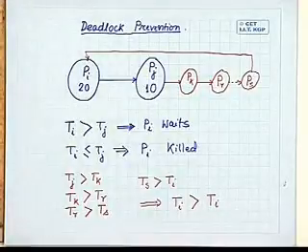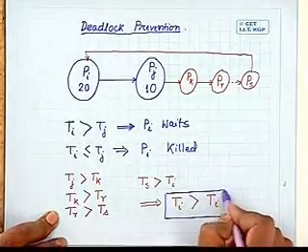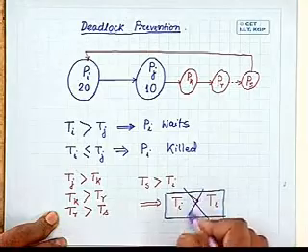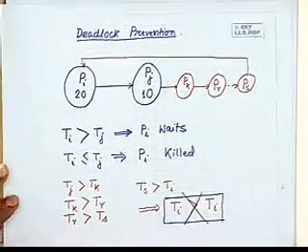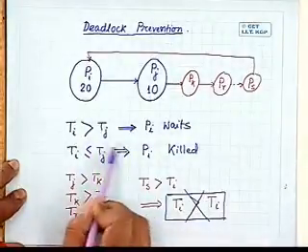A condition which is never possible. So I cannot have such a circular situation if I follow this restriction.